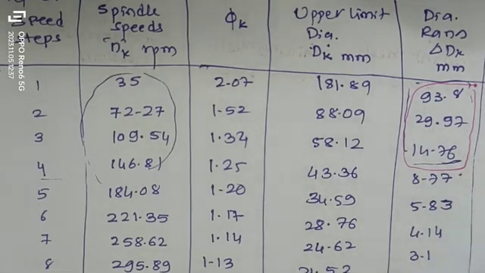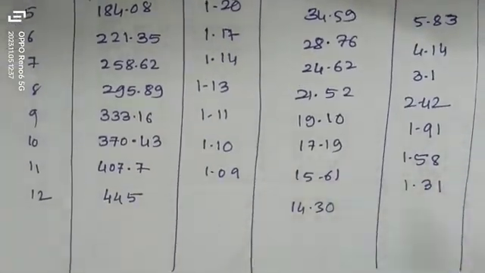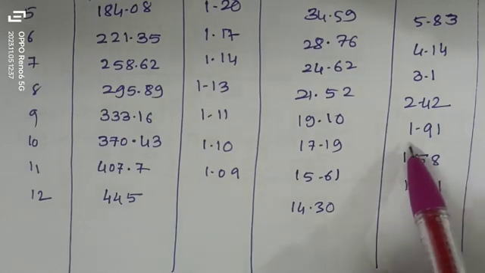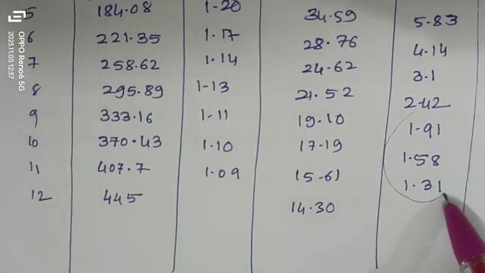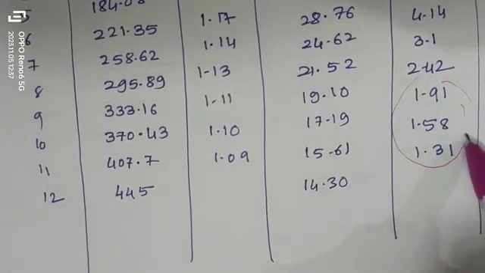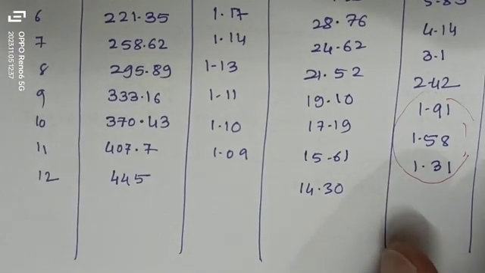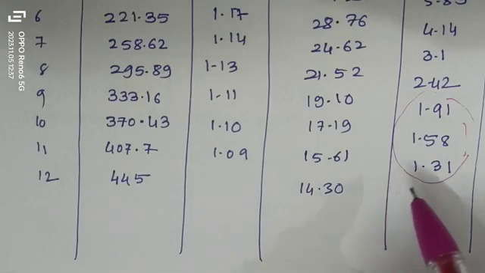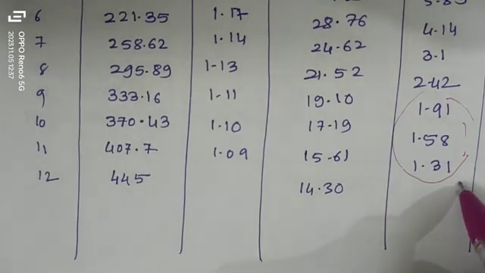Whereas at high spindle speed, the diameter range is very narrow, and hence some of the speed steps are redundant.